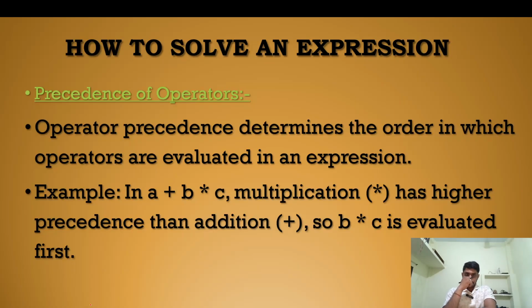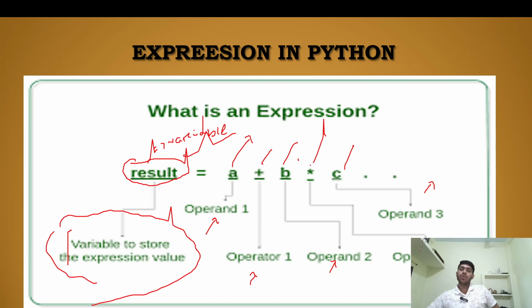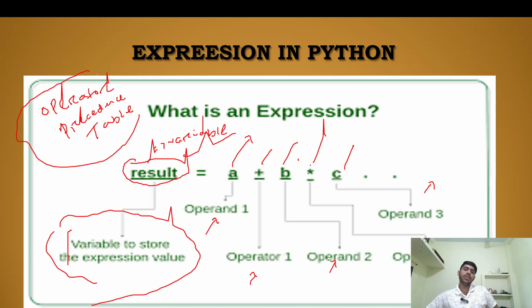For solving this expression, we need one table called the operator precedence table. Whenever you solve different expressions in mathematics, you normally follow the BODMAS rule. Yes or no?